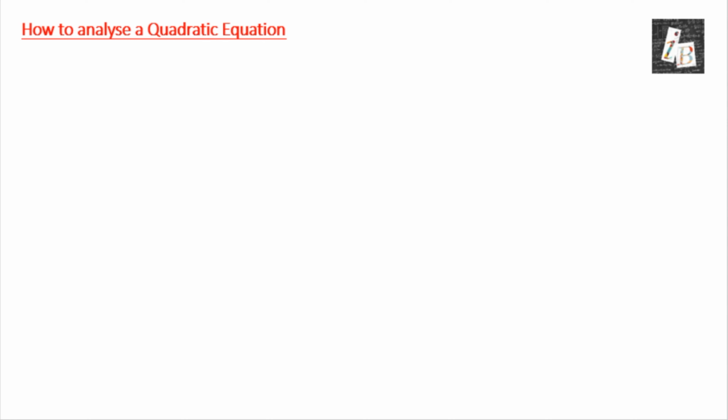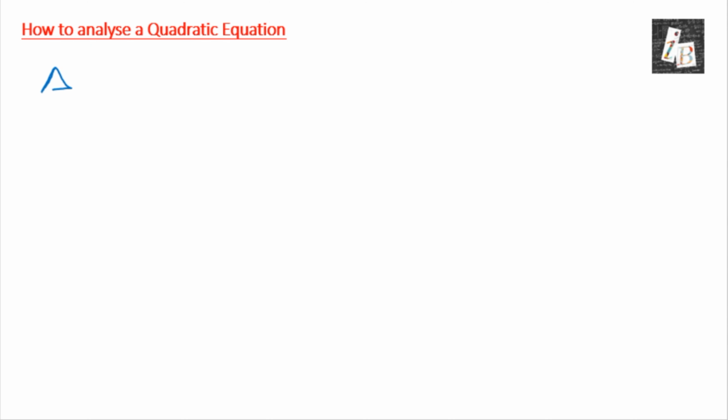Today we will go more deeply in analyzing the quadratic equation, in order to understand more the behavior of the equation, from increasing and decreasing and how the graph will look like. Last time we talked about the discriminant.